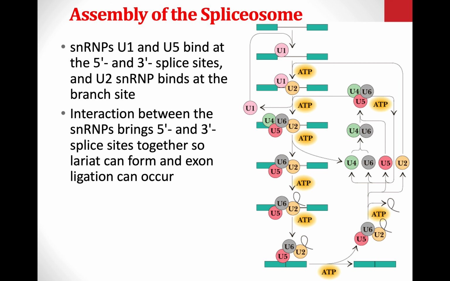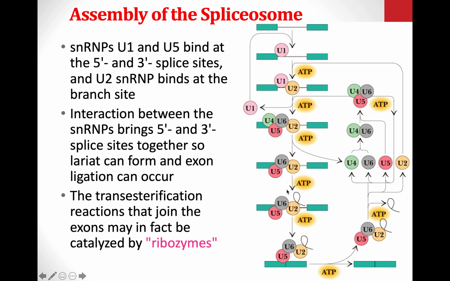Interaction between the snRNPs brings the 5' and the 3' splice sites together. So your U1 is over here, your U2 is here, and your U5 is situated there. What happens is that it will form a loop, or the lariat. If you look at this again, it's going to be a bit difficult, because they are showing how it has formed a loop by then, but your U5 is here, so when it forms a loop, then it will come there, giving this kind of impression.